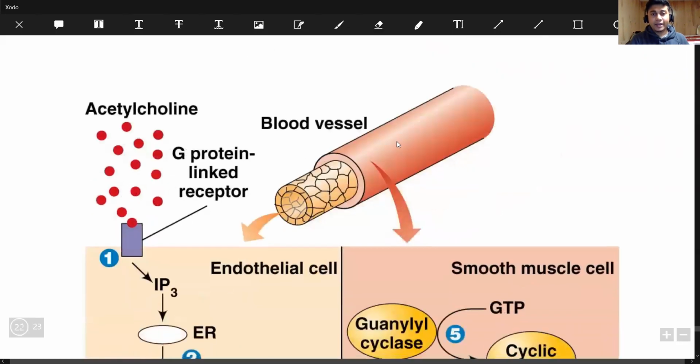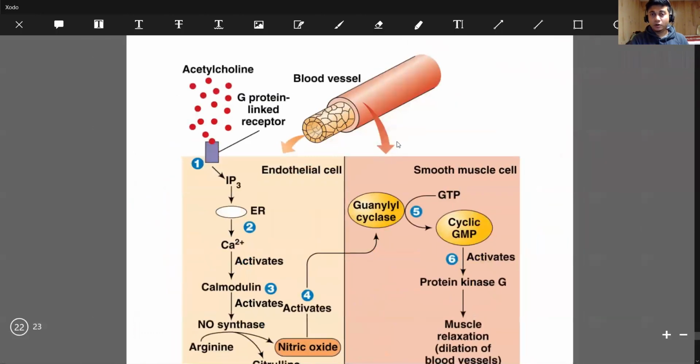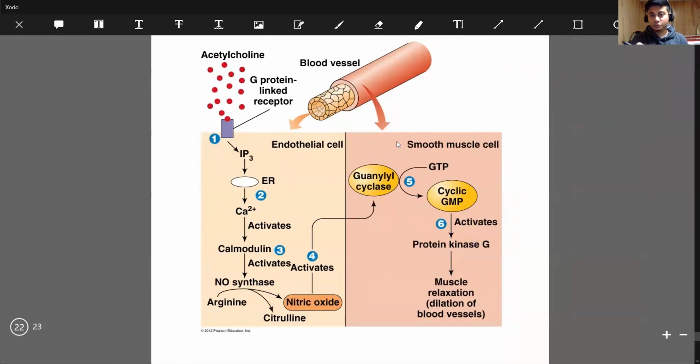All right. So the next thing, as you see, this whole functioning is shown in a much bigger picture. Acetylcholine is binding here, maybe to an M3 receptor, and because the M3 receptor is a Gq coupled receptor, you'll find IP3, and the release of calcium from the endoplasmic reticulum.